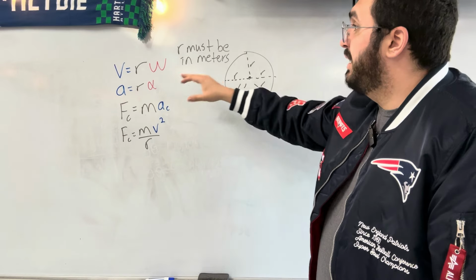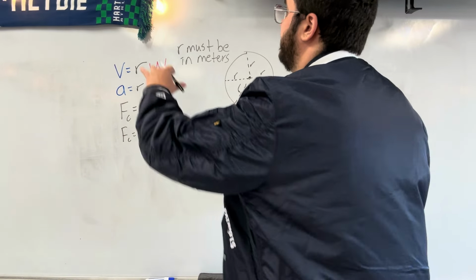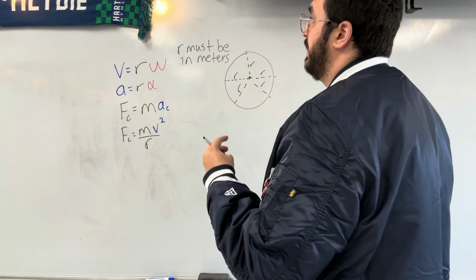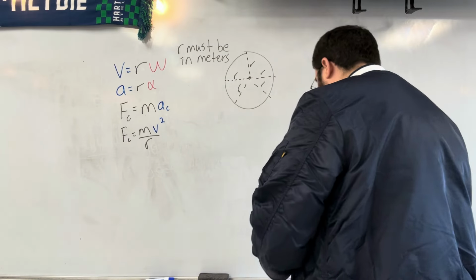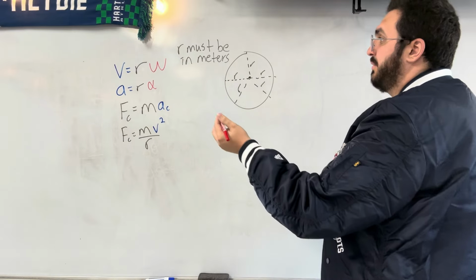Similarly, these equations can be rearranged. Instead of solving for tangential values, let's say I want to solve for the angular values. All I have to do instead is divide both sides by radius.